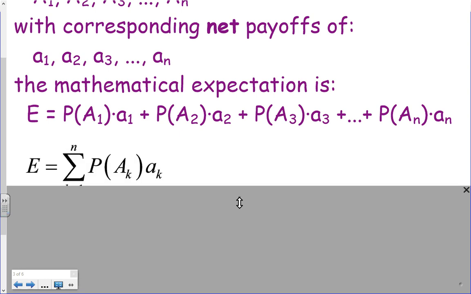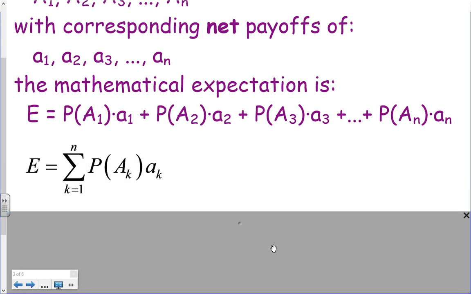You can write this mathematical expectation using sigma notation or summation notation. That letter that you see there, that E-shaped letter, that's the uppercase Greek letter sigma. And again, that means that you're summing from k equals 1 at the bottom all the way up to k equals n, our stopping point.